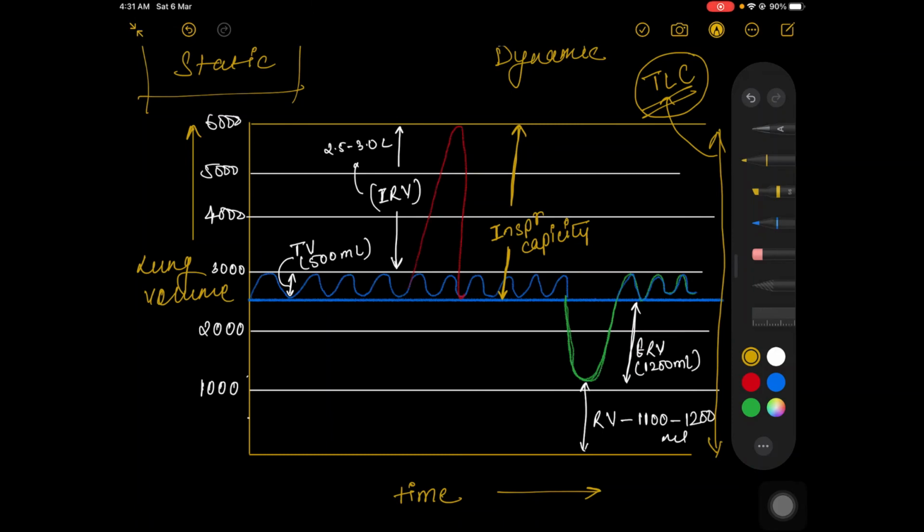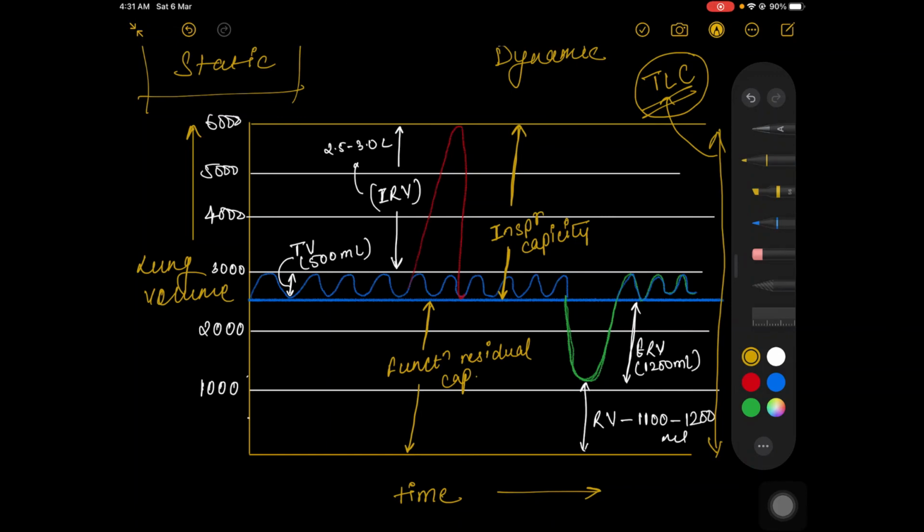Now if I add up the expiratory reserve volume and the residual volume, I will get the functional residual capacity.